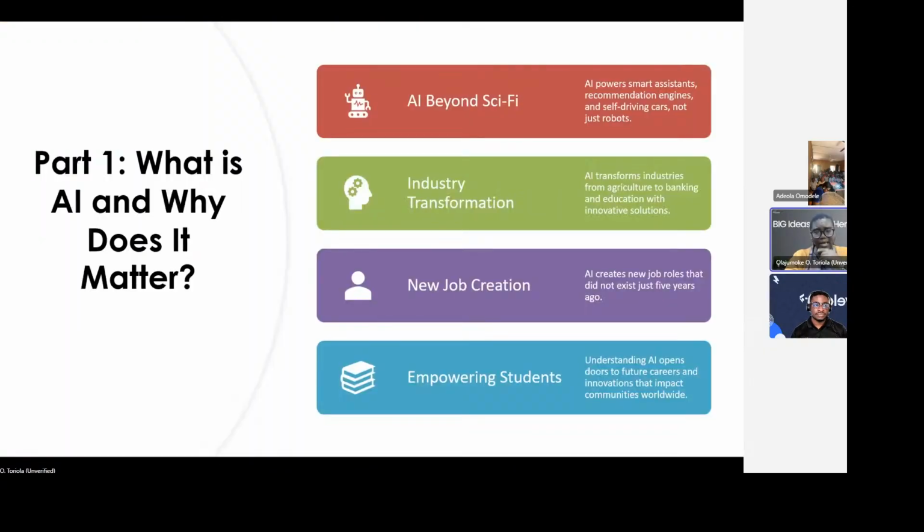So AI is much more than just robots or the stuff of science fiction. That's the truth. It represents a diverse range of technology that fuels intelligent assistance. And what do I mean by intelligence? There are certain things that are required of human intelligence, which means things like when you are able to perceive, to think, and also to make decisions.